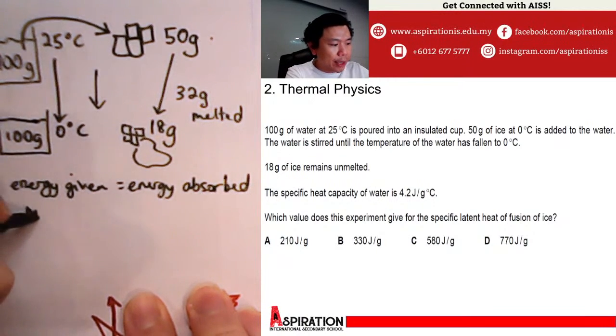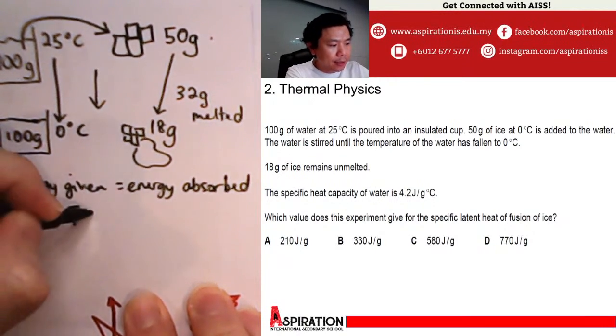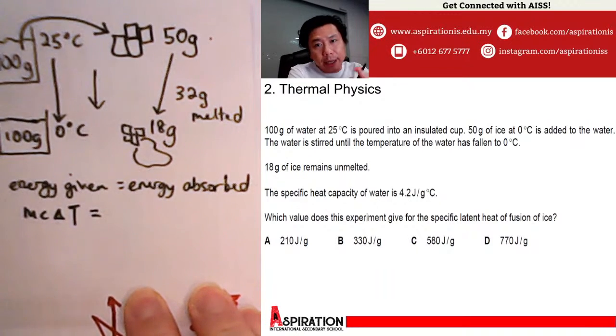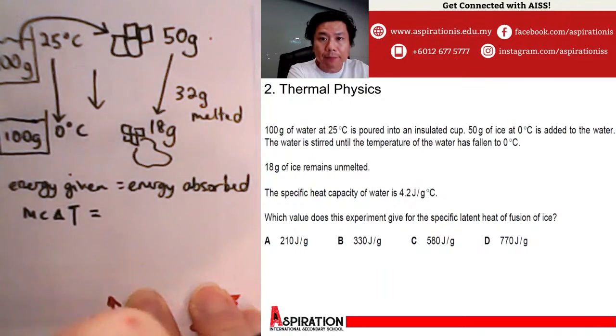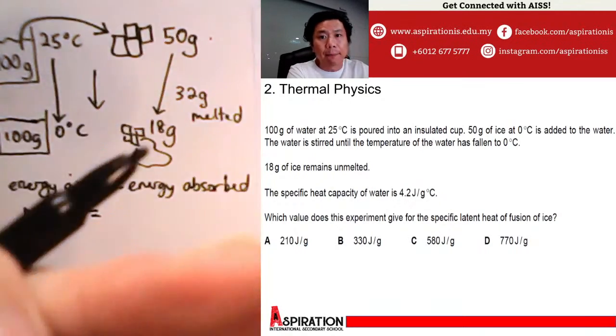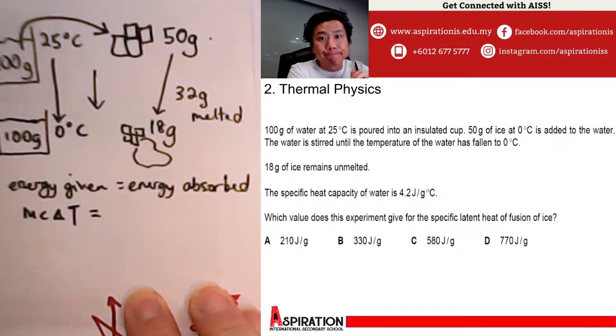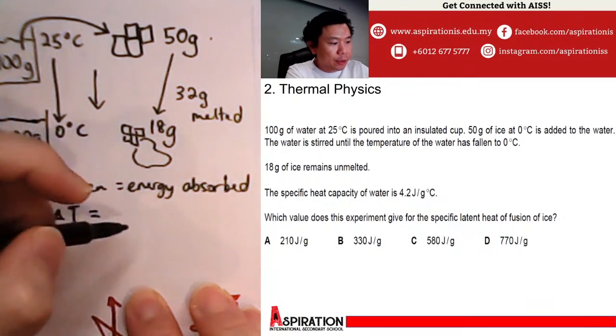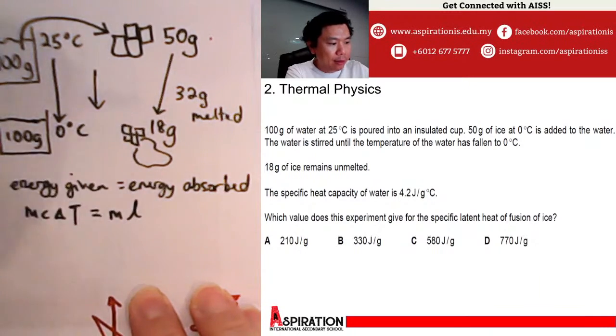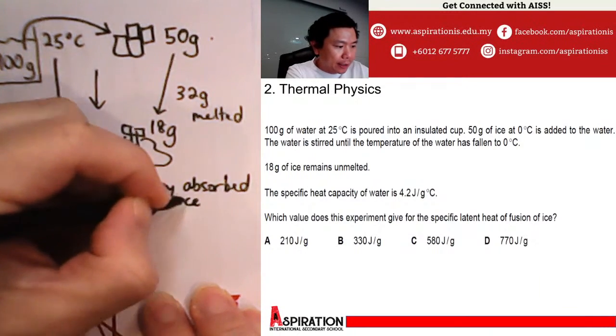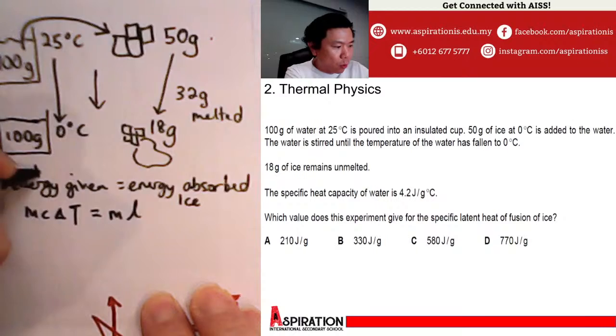So we are going to use mc delta T. And for the energy that is absorbed, the ice did not change temperature. It's a change of state, right? So it's not specific heat capacity. It is specific latent heat. So this is going to be ml. So remember that this is ice and this is water.